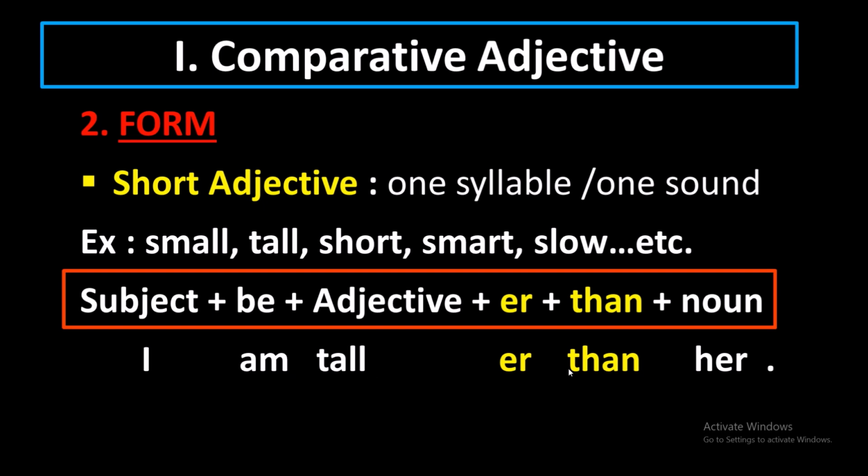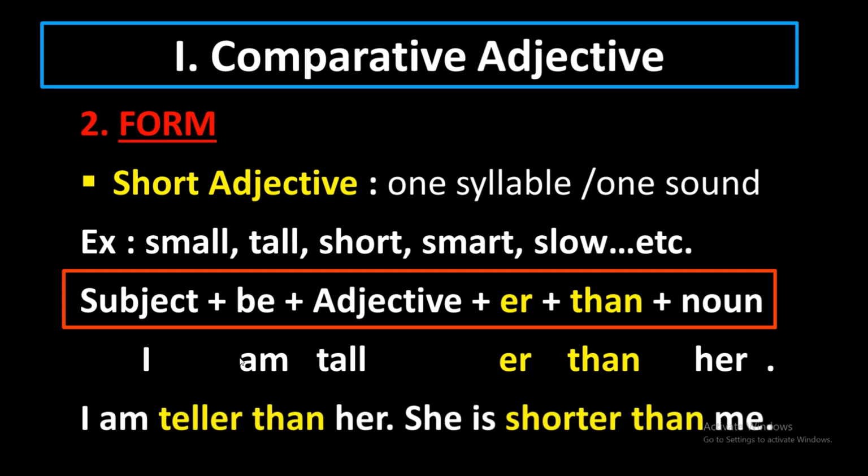So this is the way that we show the difference between two people. One is tall and the other one is short. Okay, let's see another example. I am taller than her, or you can say she is shorter than me.